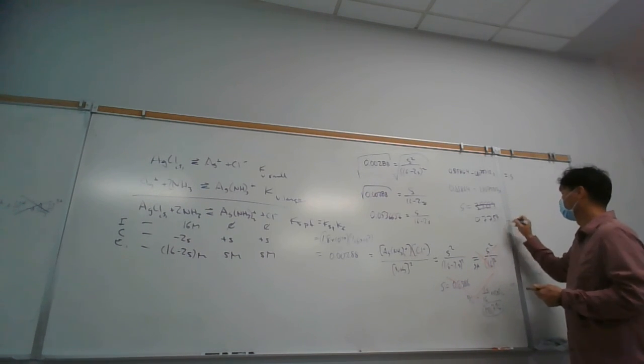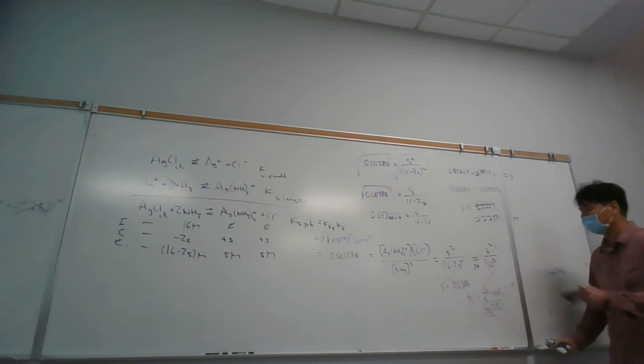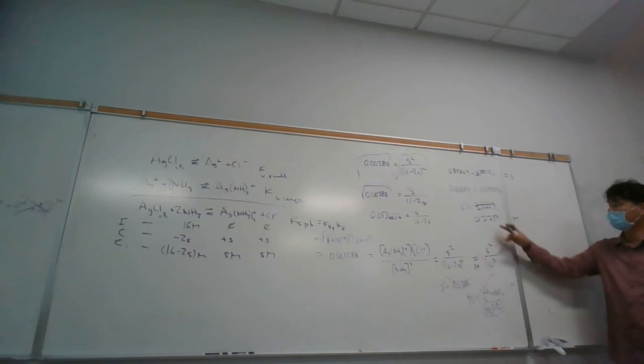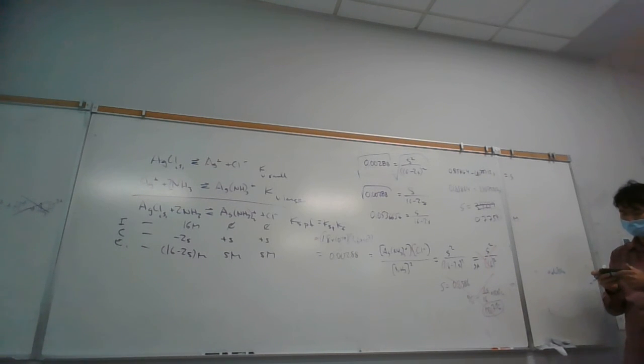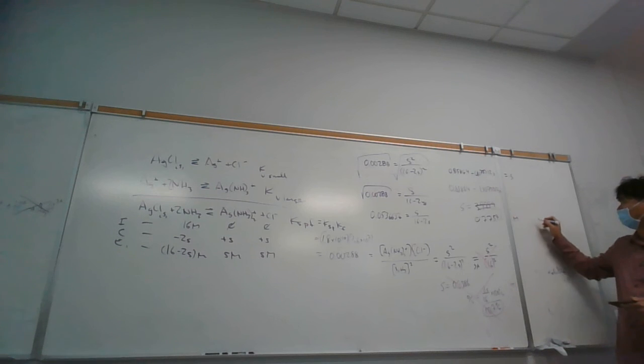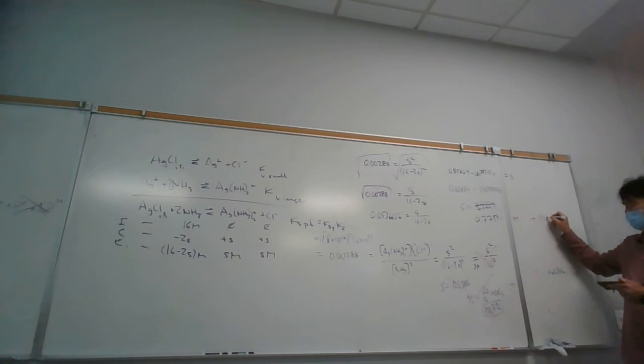Okay, we'll just carry one extra for good measure. Okay, and so this is the solubility. So the solubility increased dramatically compared to what it was before. In fact, if I do the same thing times 143, what this means is 110.88, or 111 grams will dissolve in a liter.